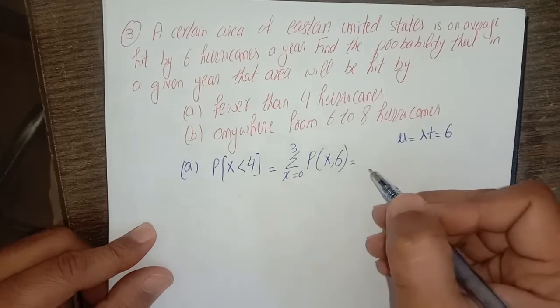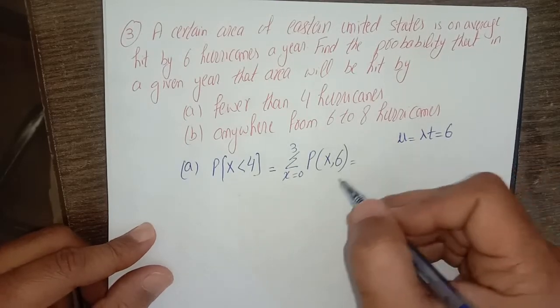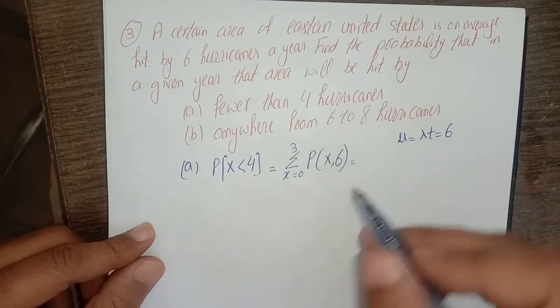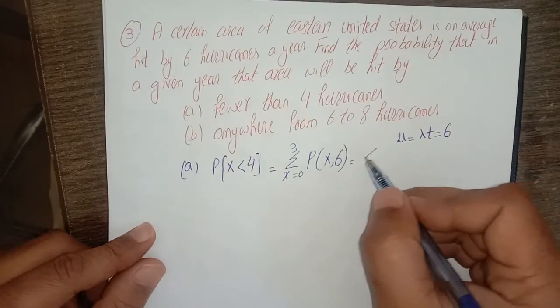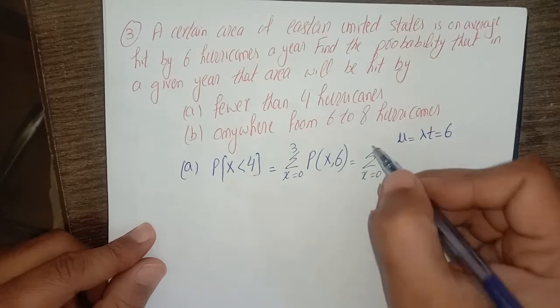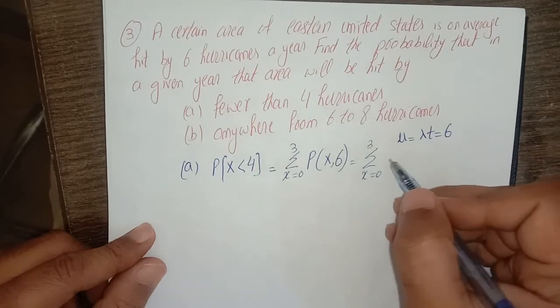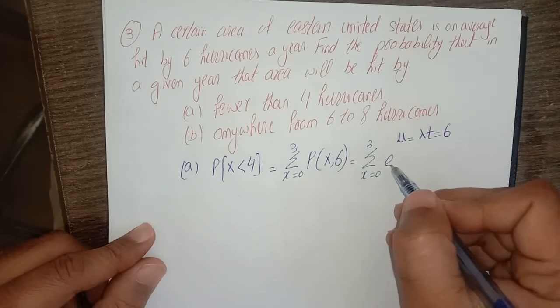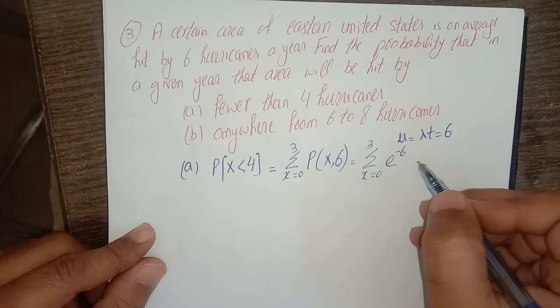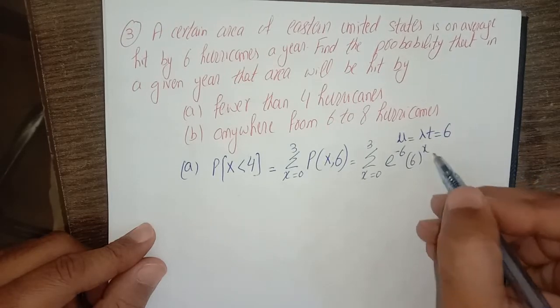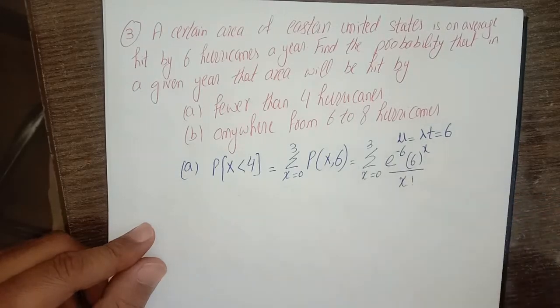You can solve it using the formula: summation x from 0 to 3, e raised to the power minus 6, and 6 raised to the power x over x factorial.